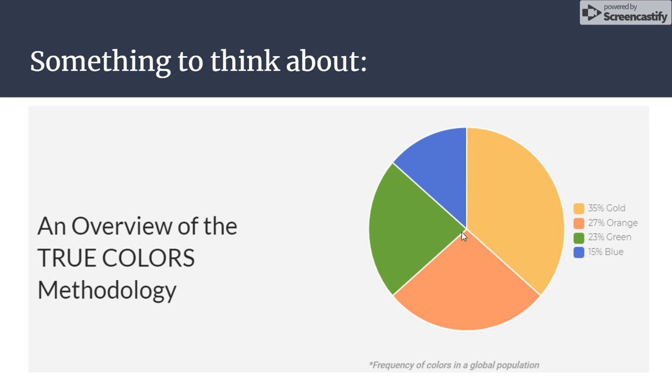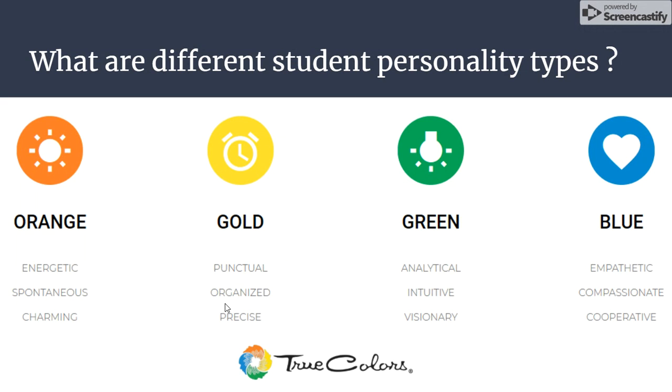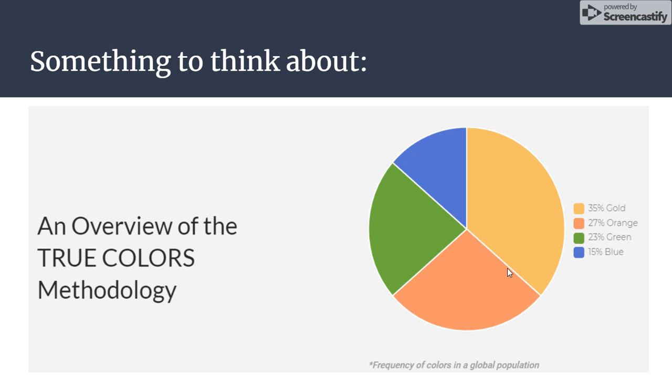From our class of 23 teachers, many were gold, and I think our distributions were similar. What's interesting to me is that gold, which tends to be punctual, organized, precise, and orange, which is energetic, spontaneous, charming, are somewhat opposite, but these are the two dominant colors. Almost two-thirds fall into these categories.